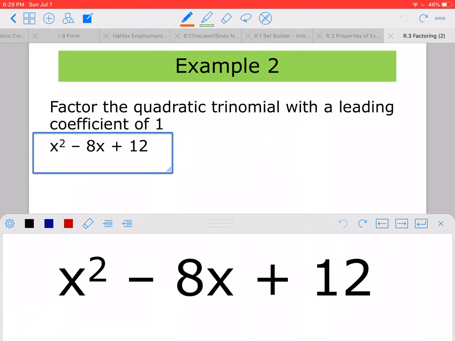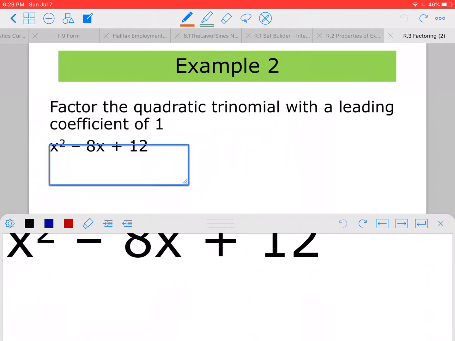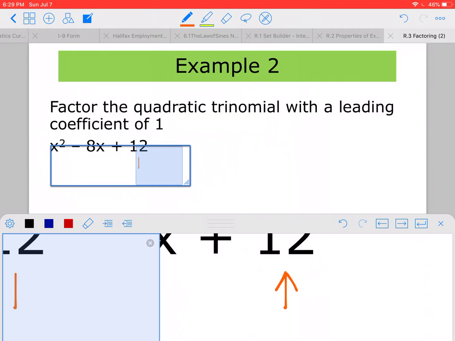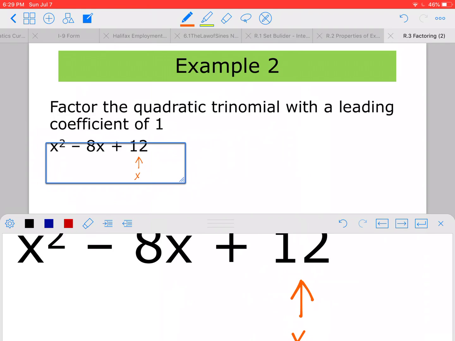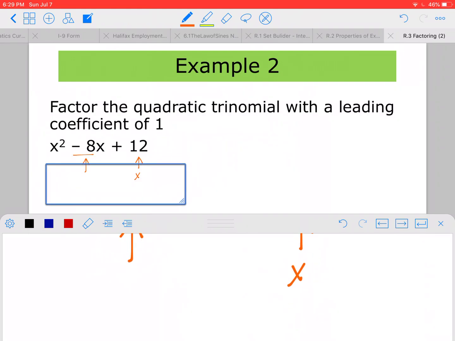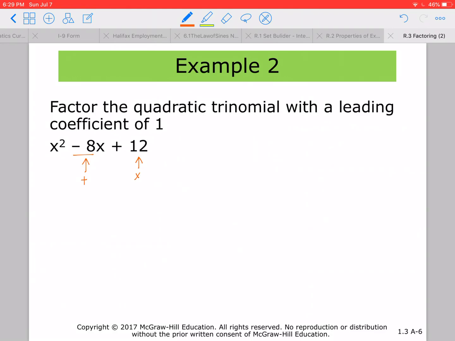So what we're going to do is ask ourselves, what will multiply to give us 12 that will add to give us negative 8? And notice we're looking at the negative with the 8. What will multiply to give us 12 that will add to give us negative 8?